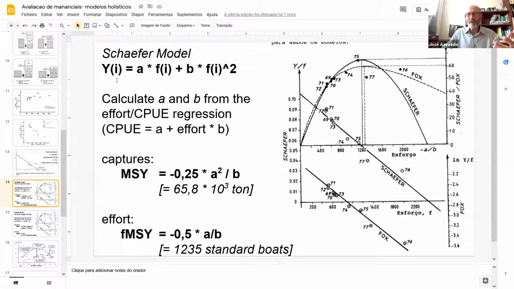And from this, you can calculate, as I said, the maximum sustainable yield. So the F that will maximize the Y, using these two formulas.